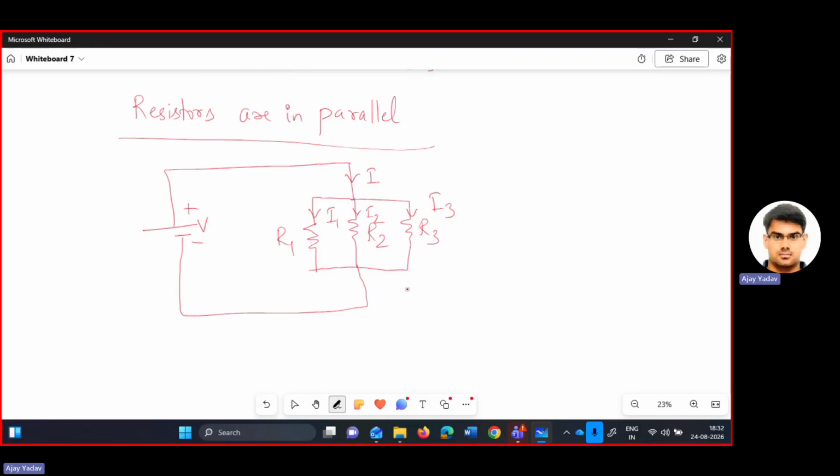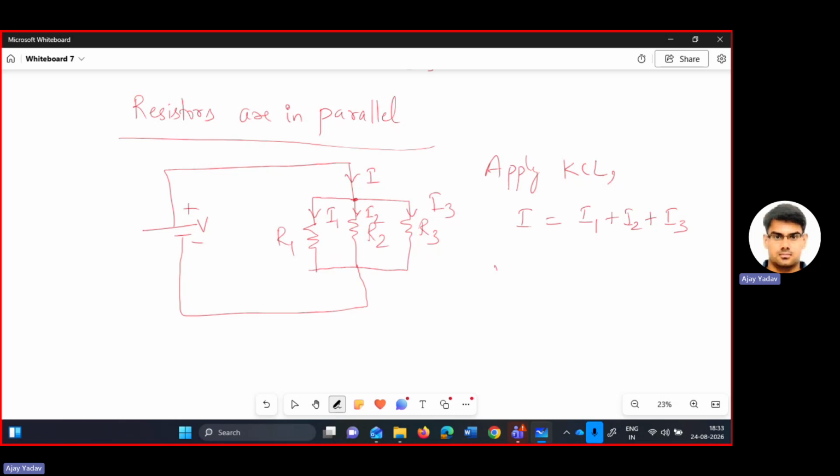Here you can apply Kirchhoff's current law at this node. So apply KCL: I is the summation of I1 plus I2 plus I3. And as you know, when resistors are in parallel, the same voltage drop V will be there across each.